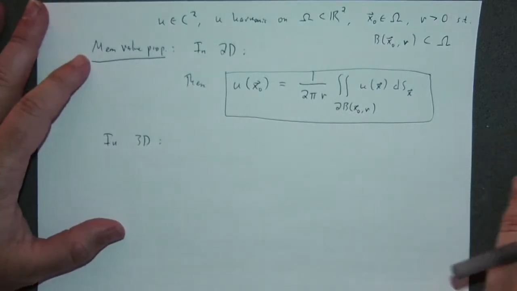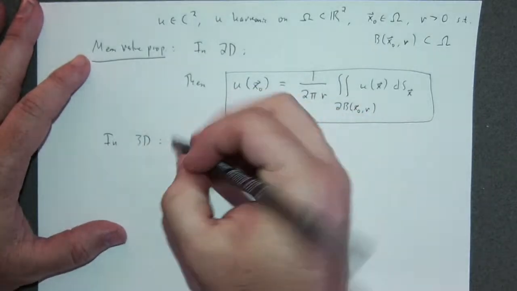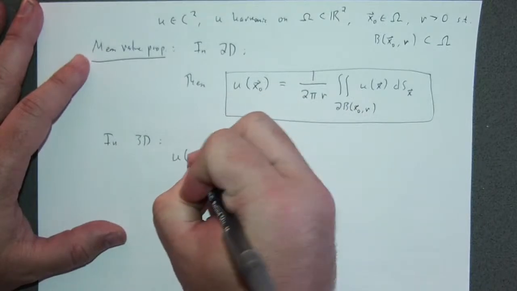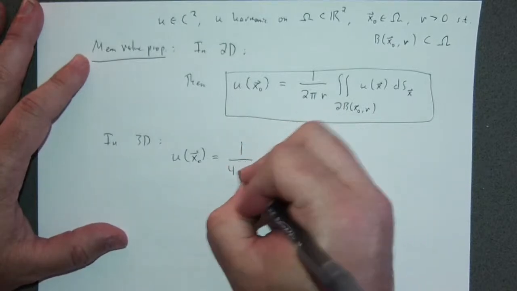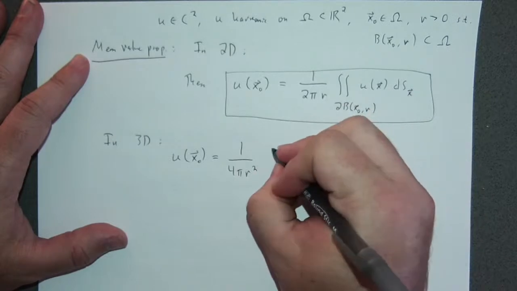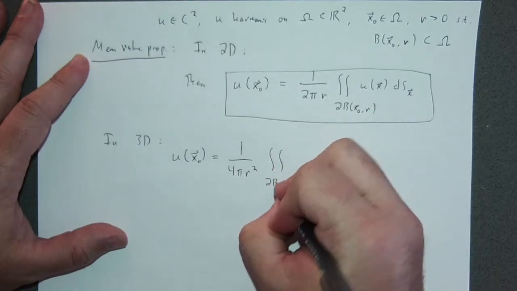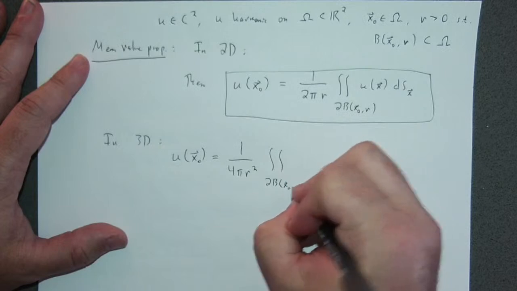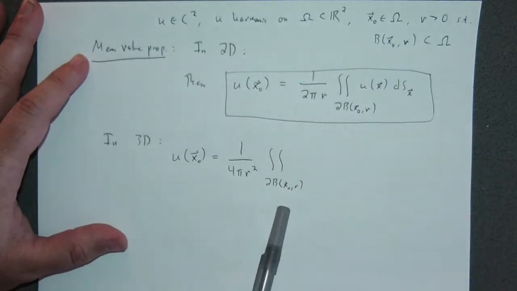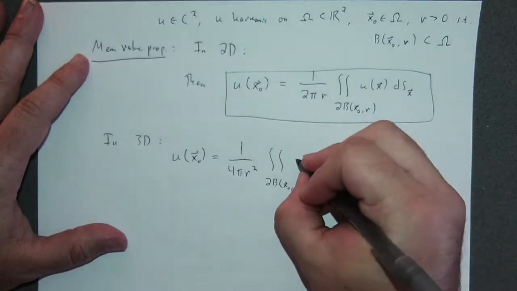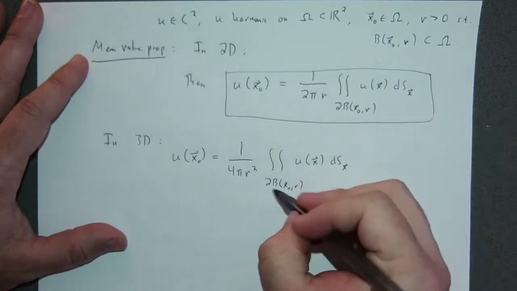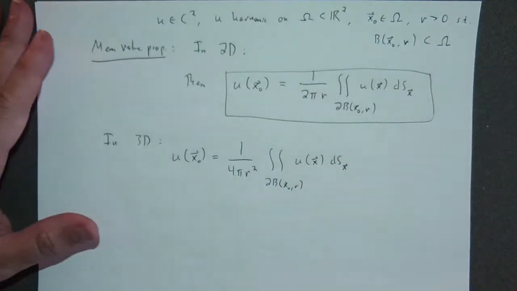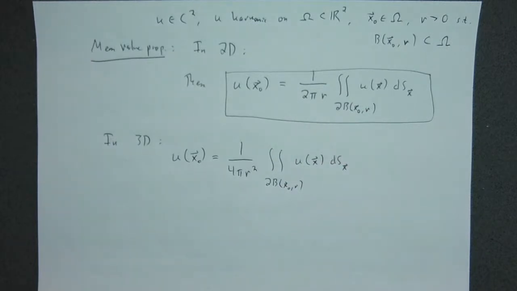So then the value of U at the point x naught is 1 over 4 pi r squared over this boundary surface, because now this is the three-dimensional ball, so its boundary surface is actually a sphere. So this is the integral over the sphere, and this is a surface integral. This is like a line integral, like a contour integral along a circle in the plane.